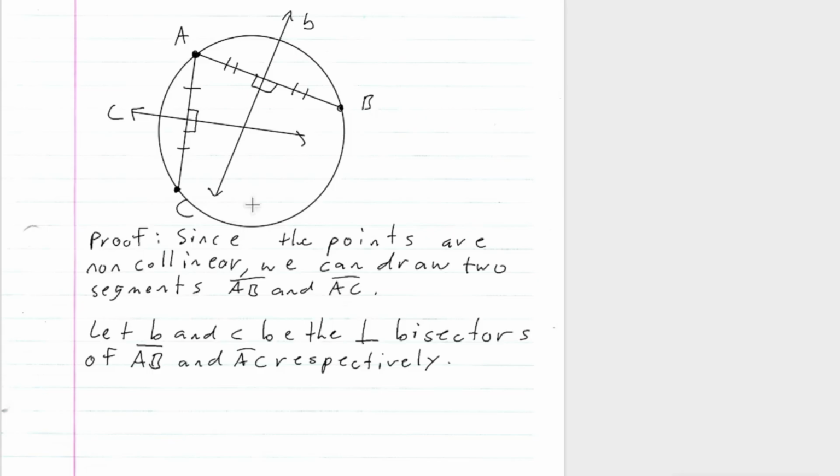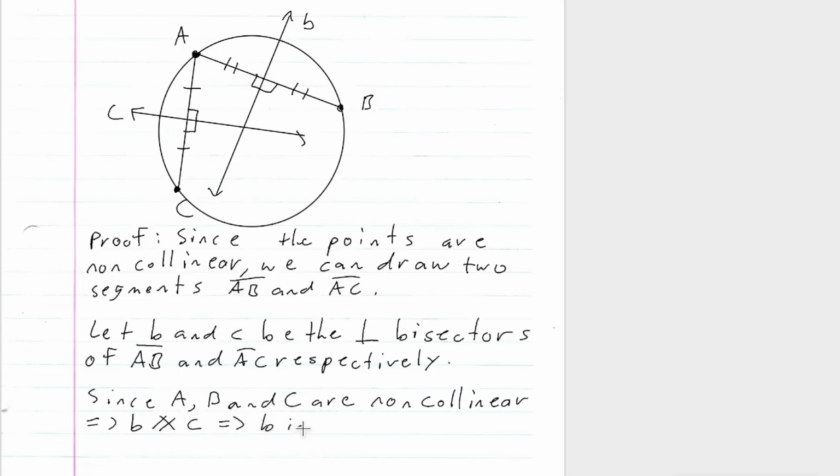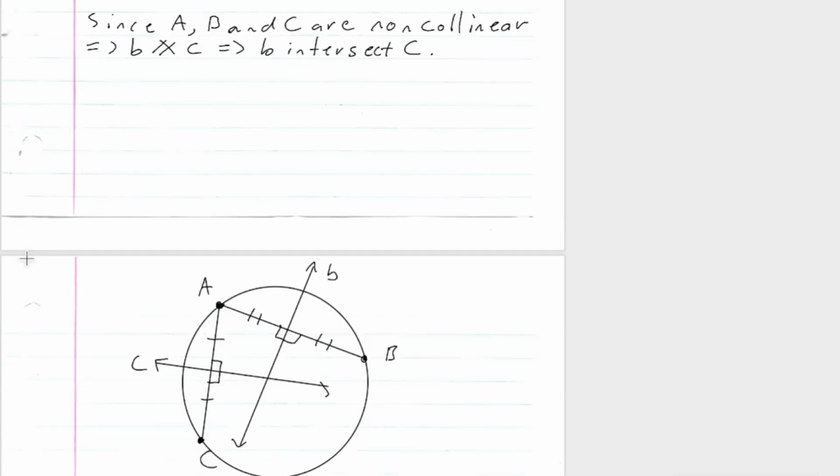So, since A, B, and C are non-collinear, this implies that B is not parallel to C, which implies B will intersect C, right?